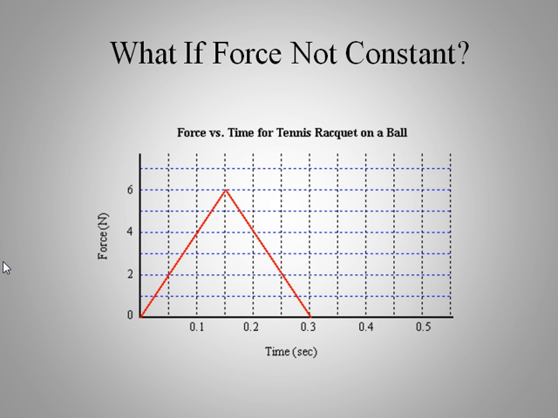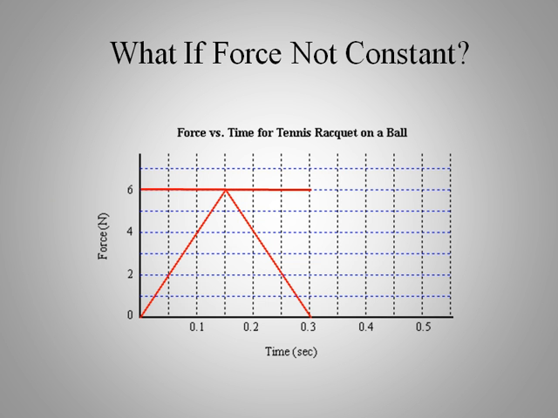Okay, let's talk about if the force on an object is not constant. Up until now, we've just had a constant force over some period of time. Well, what if you apply a force that's not constant over time? This is usually the way things happen in everyday life. Let's assume we have this sort of relationship of force with time. It looks like that.